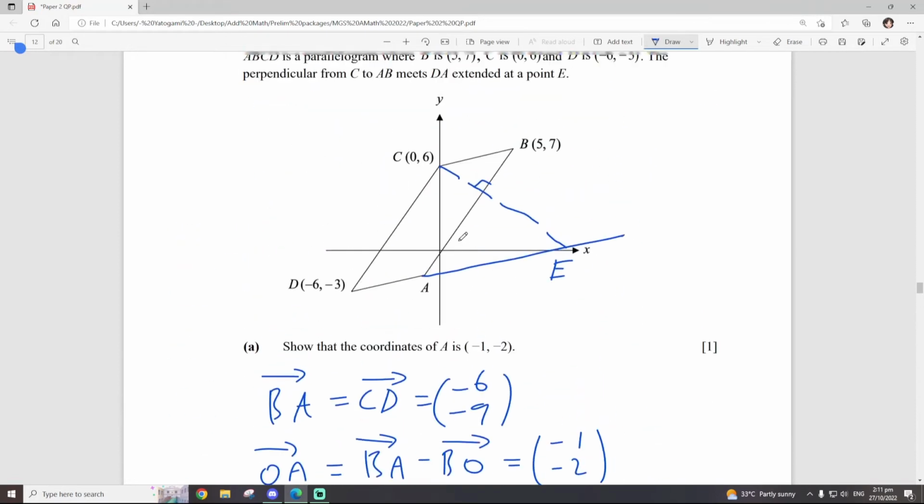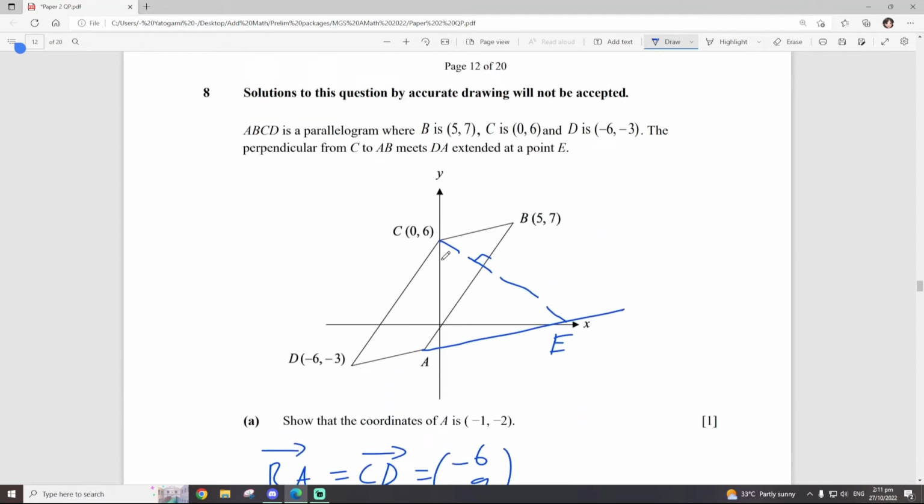And what is the equation of DA? We can find the gradient of DA.